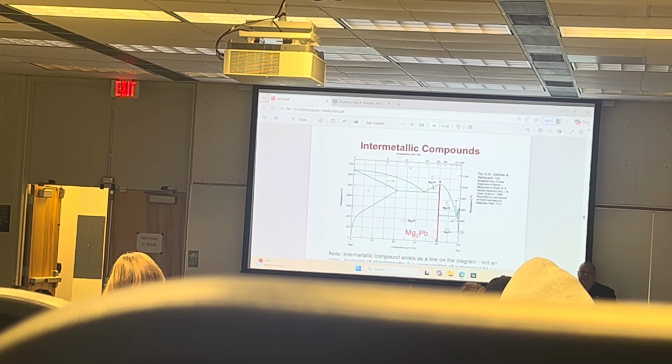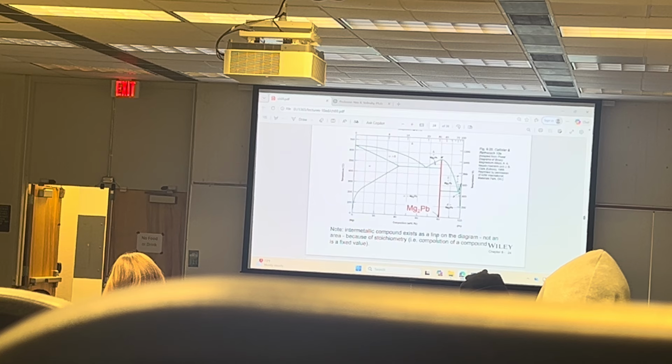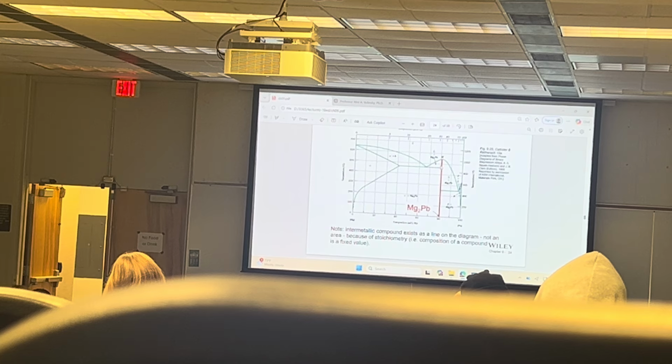Now, sometimes it's called an intermetallic compound. An intermetallic has the exact stoichiometry. Magnesium 2 lead. You see, it has to be at 80%. And they're shown on the phase diagram as a line, as a vertical line, at fixed value.